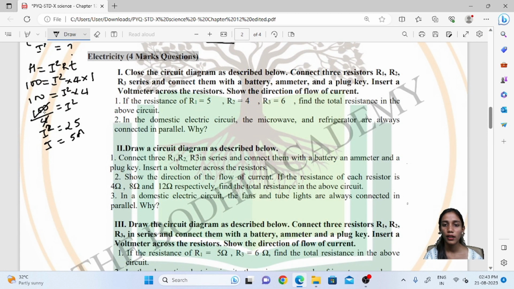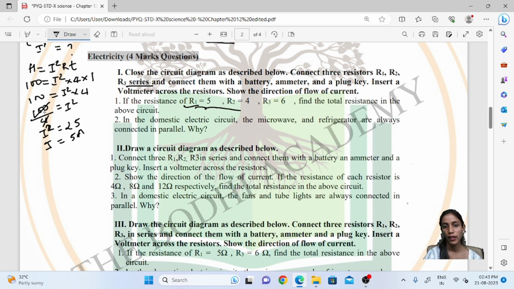Next, connect 3 resistors R1, R2, R3 in series. So again you have to draw the circuit diagram and solve this question. If the resistance R1 equals 5, R2 equals 4, R3 equals 6, find total resistance in the above circuit. First of all, how is it connected? In series.